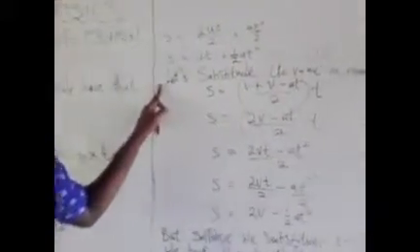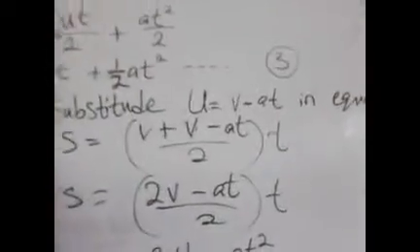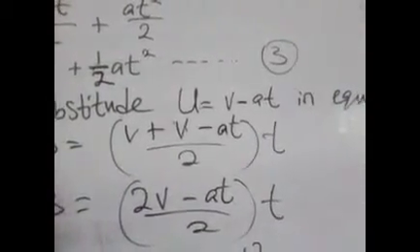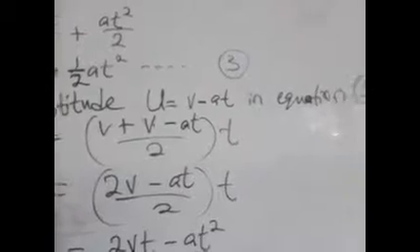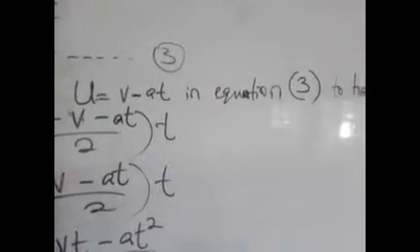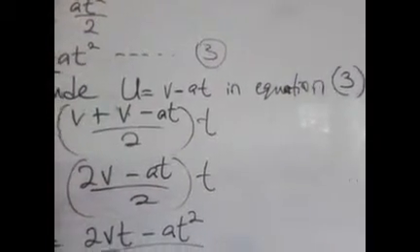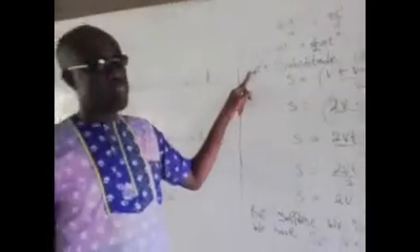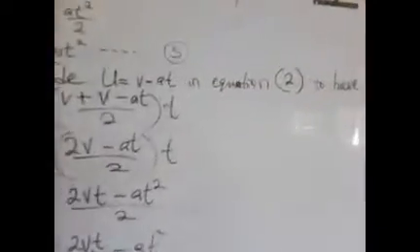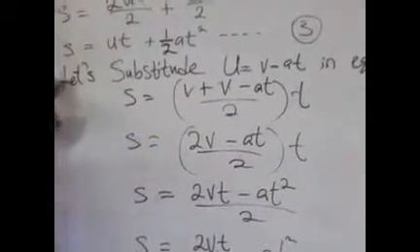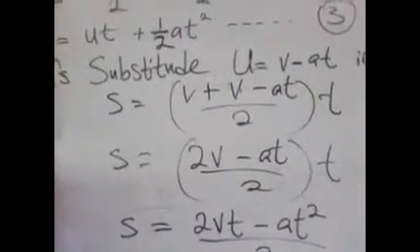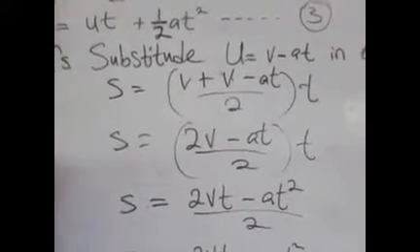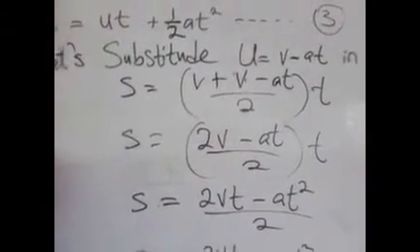If we substitute it in the second equation of motion, we have that S equal to open bracket V plus V minus AT all over 2.